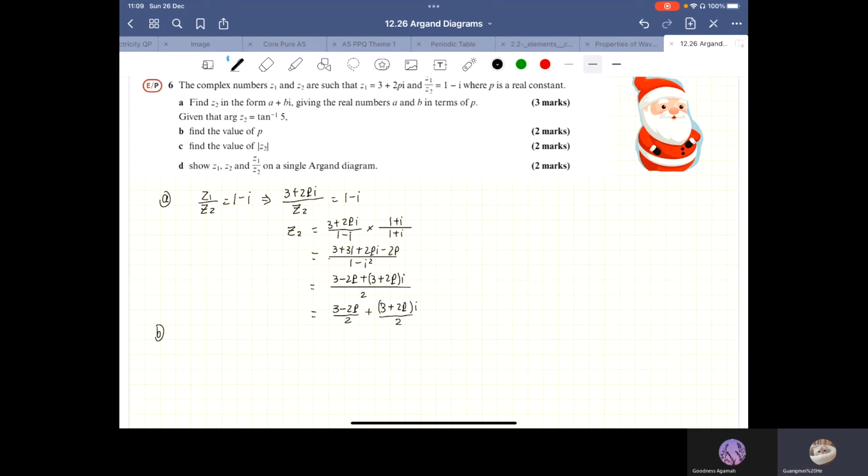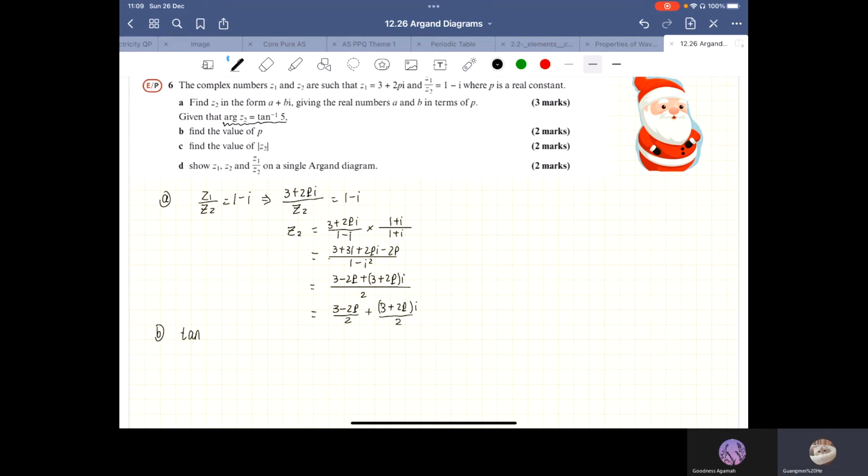Find the value of p. But now it gives us another clue. The argument of Z2 equals arctan 5. So what is the argument of Z2? Well, we know the modulus argument form of Z2, so we can use that to derive the argument of Z2.